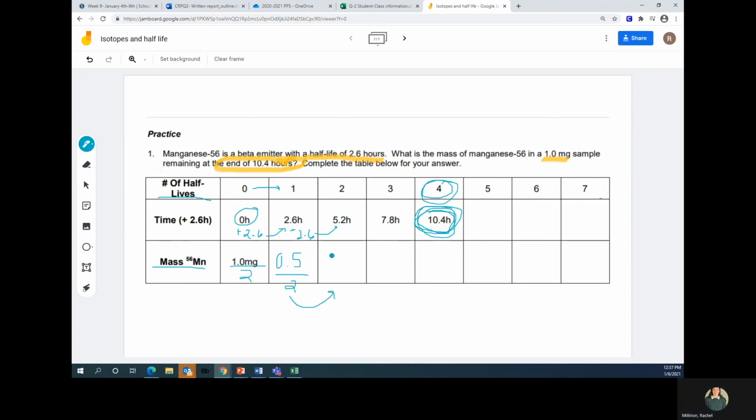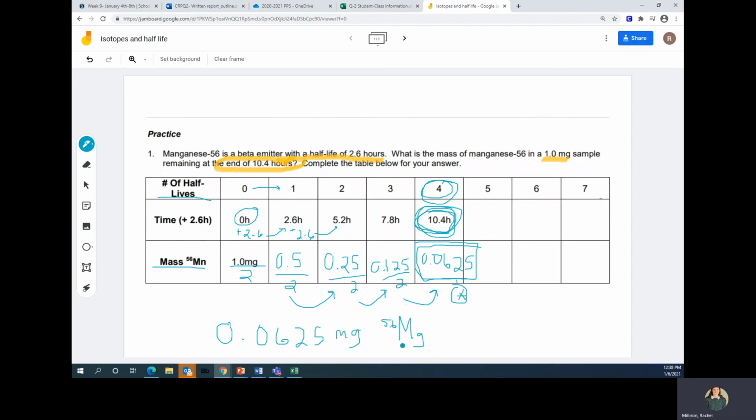Another half-life has passed. 0.5 divided by 2 is 0.25. We continue this process a couple more times. Eventually, after 10.4 hours, we get 0.0625 milligrams of manganese 56.